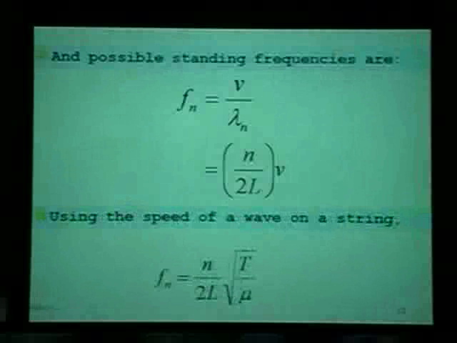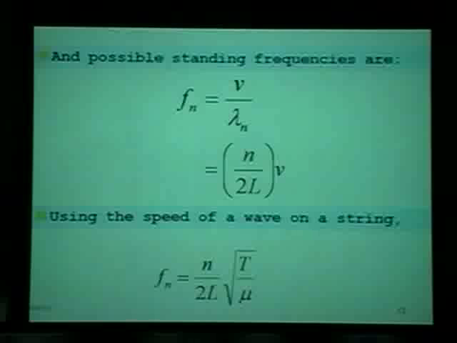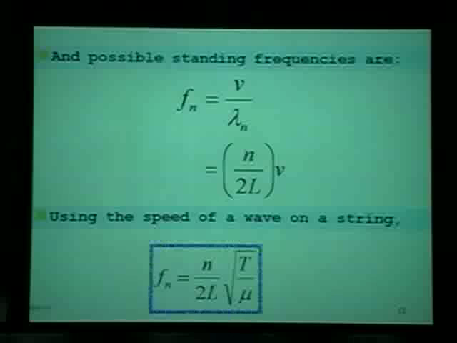But we know that the speed of a wave on a string is equal to the square root of the tension divided by the mass per length, from the previous class. So the frequencies that will cause standing waves are equal to n, where n is an integer, over 2 times the length of the string times the square root of the tension in the string divided by the mass per length of the string. So there are specific frequencies that will cause this to happen.